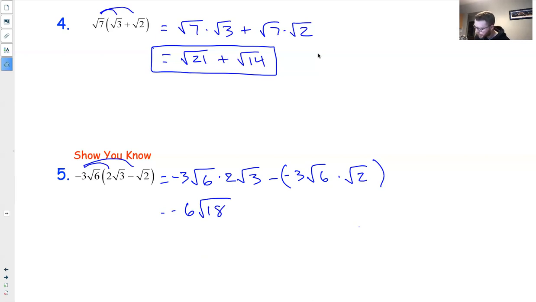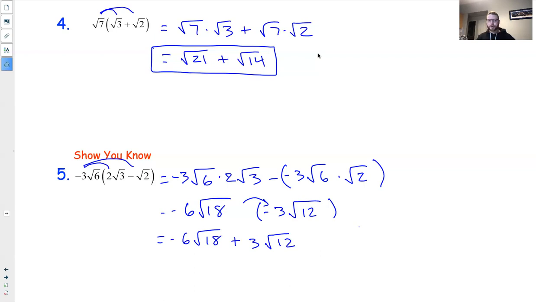Then the second term gives negative 3 root 12. Now I will put that negative in there, and it turns into a plus 3 root 12.